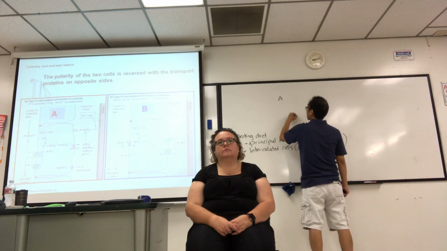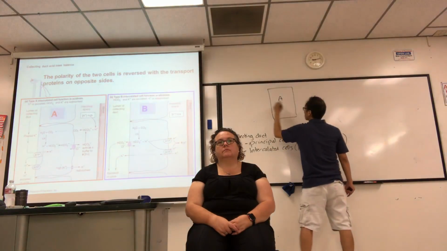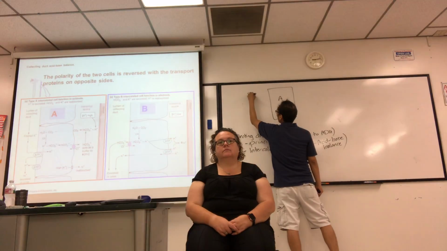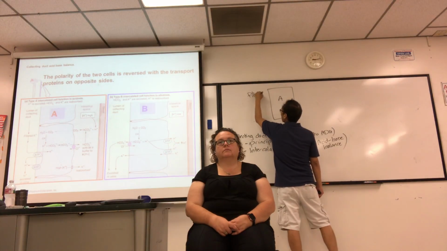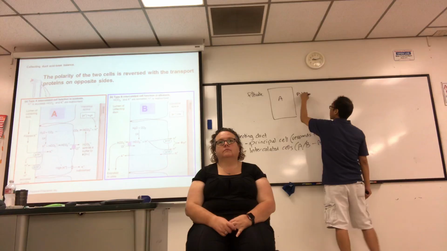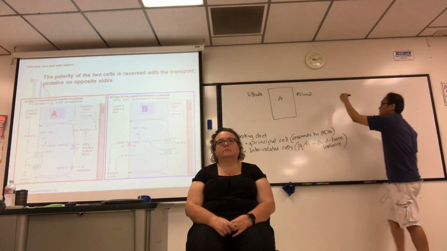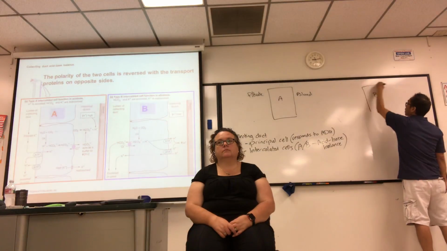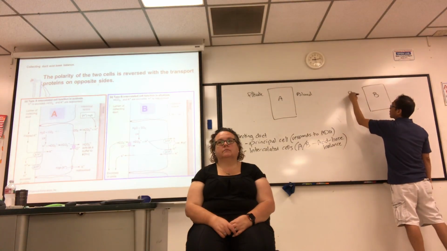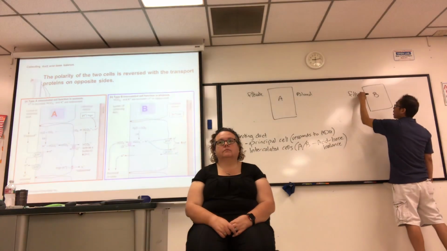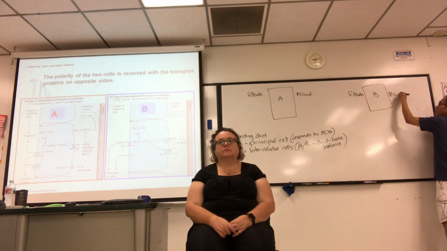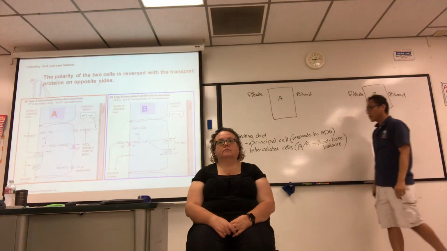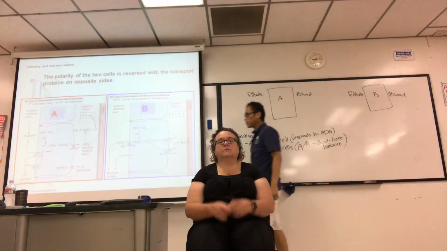Here's the A cell. Filtrate, blood on this side. Here's the B cell. Filtrate, blood. So what's happening in terms of acid-base balance?